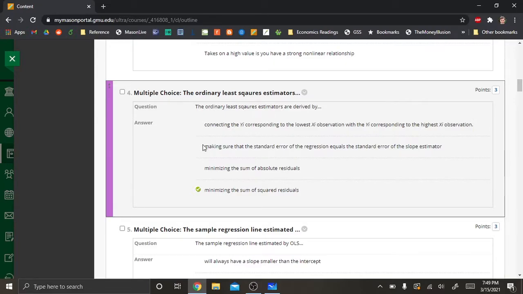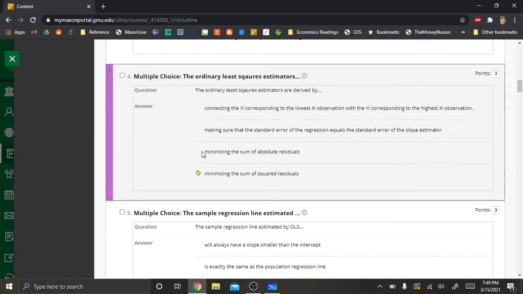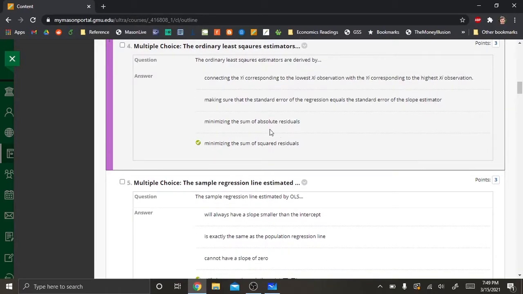No, that has to do with the F-test. Minimizing the sum of absolute residuals. This is closer, but the issue with that is positive and negative residuals will cancel each other out when you add them together. So the sum of absolute residuals isn't a good measure of goodness of fit. So it has to be the last one, minimizing the sum of squared residuals. That's why it's called least squares.